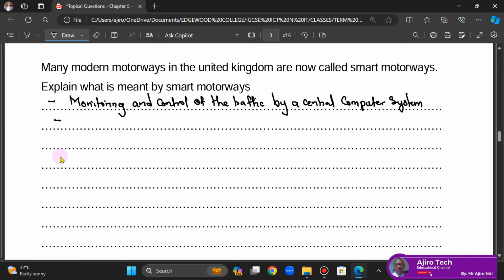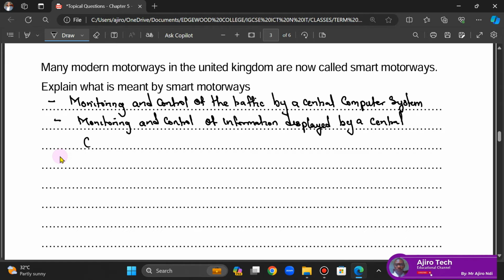It is also the monitoring and control of information displayed by a central computer system.